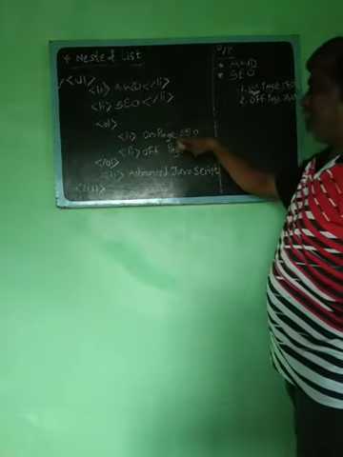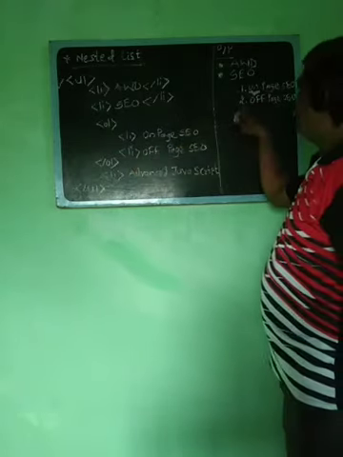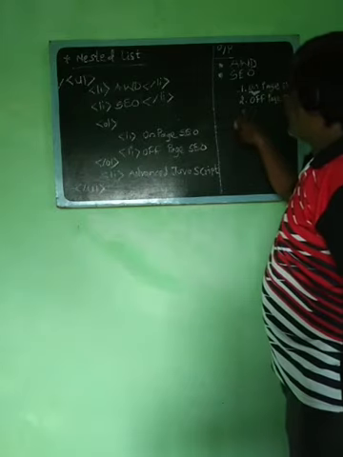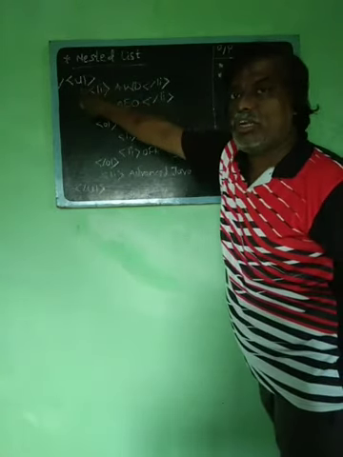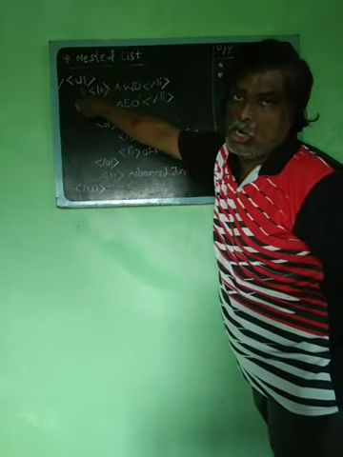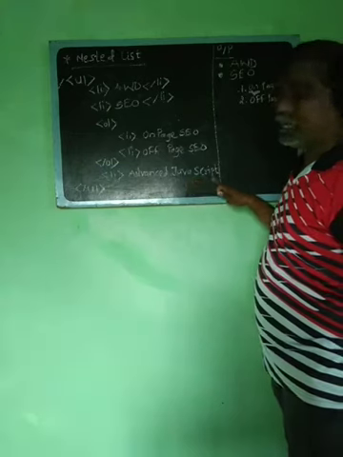When this ends, again we come to the parent list. And what is the parent list? The unordered list. It contains the list item advanced JavaScript.